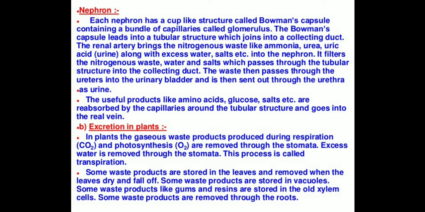It filters the nitrogenous waste, water and salt, which pass through the tubular structure into the collecting duct. The waste then passes through the ureter into the urinary bladder and is sent out through the urethra in the form of urine.